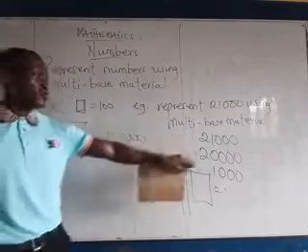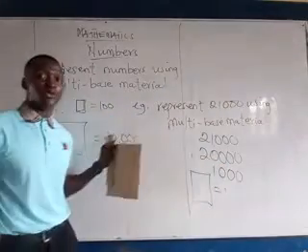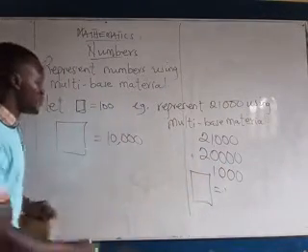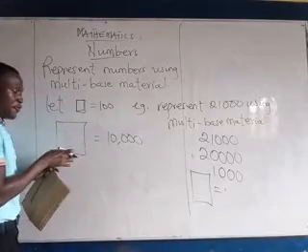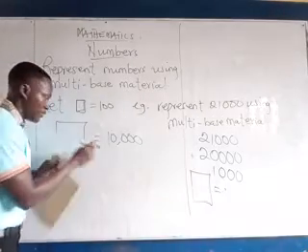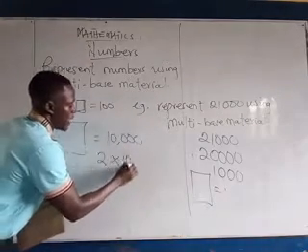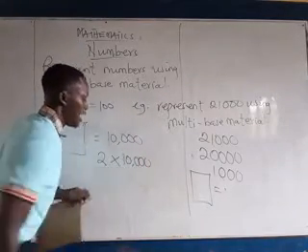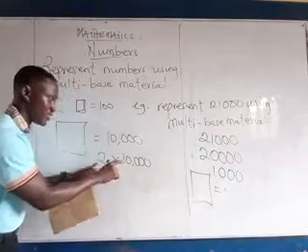Now we need 20,000. So how many of this flat surface are we going to use? That means we are going to use 2 flat surfaces, meaning we multiply 2 by 10,000. 2 times 1 is 2.